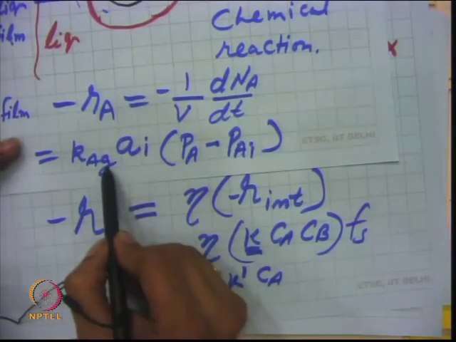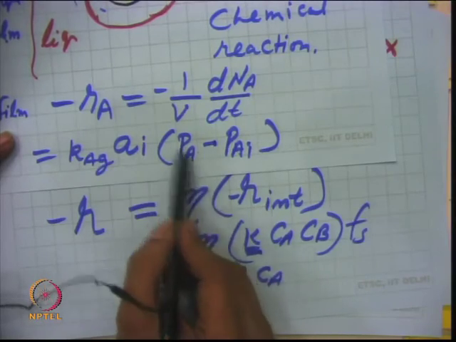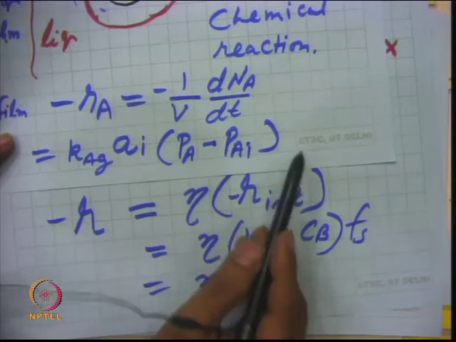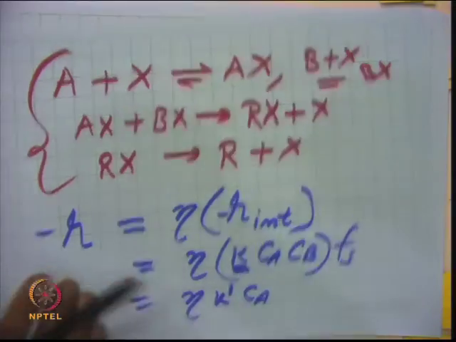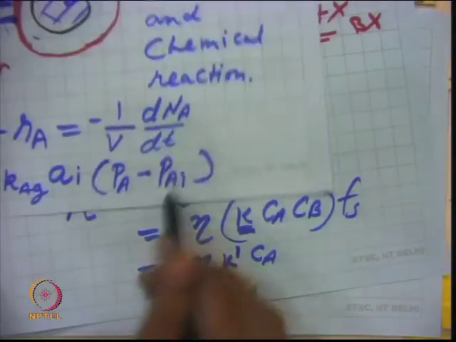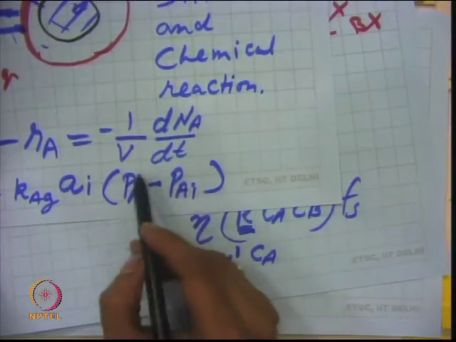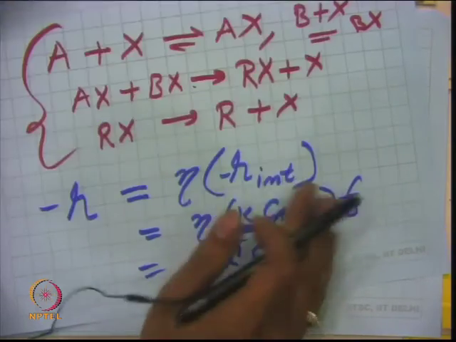K_AG times A_I times (P_A minus P_AI) will be equal to K_AL, which I defined earlier, times (C_AI minus C_AL). So, that is the step I can write here again for you.